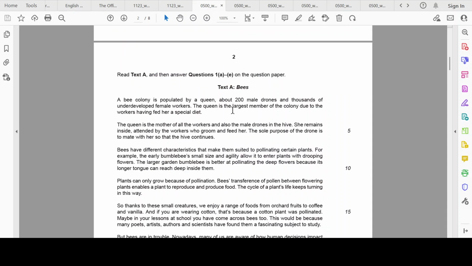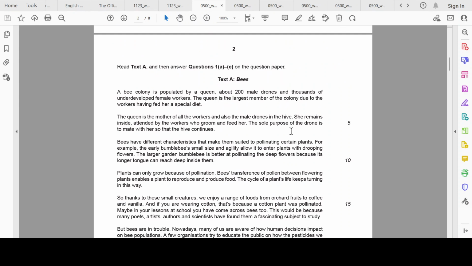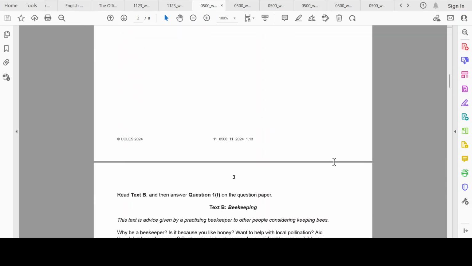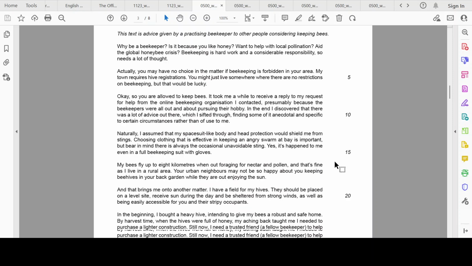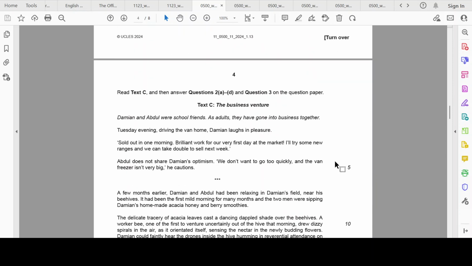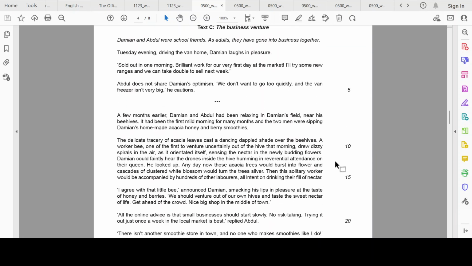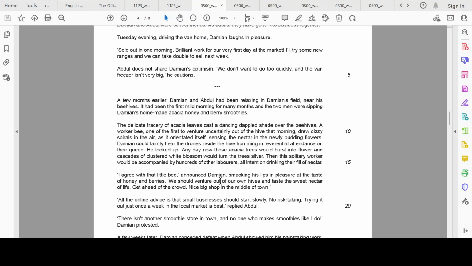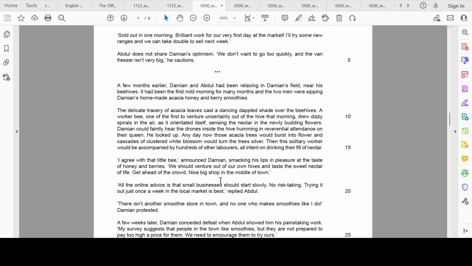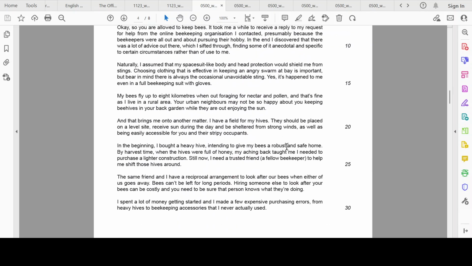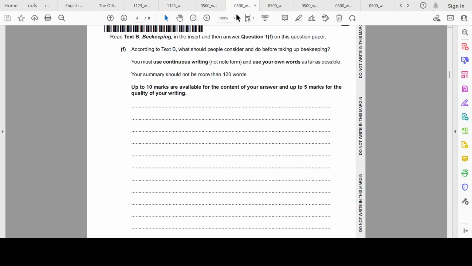So the theme of all three texts is the same. As you can see, text A is bees, text B is beekeeping, and text C is the business venture, something about beekeeping and honey and stuff, right? So the passages they choose have a similar theme.